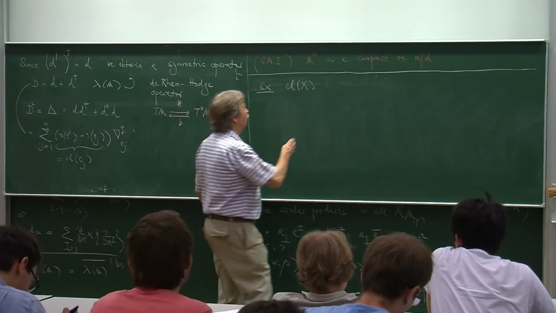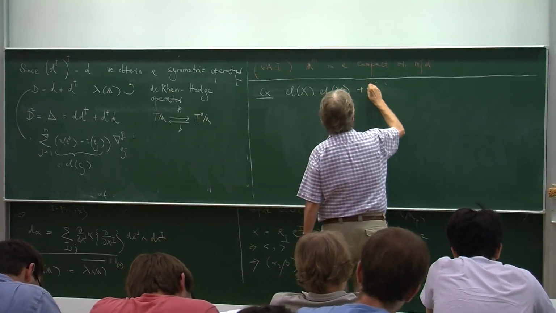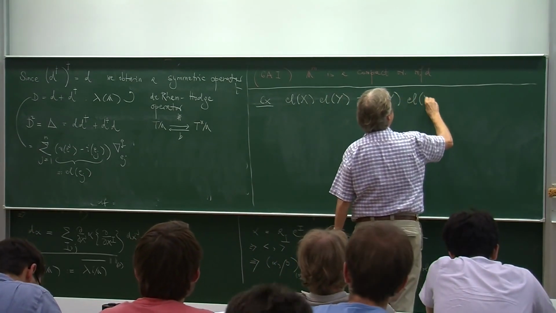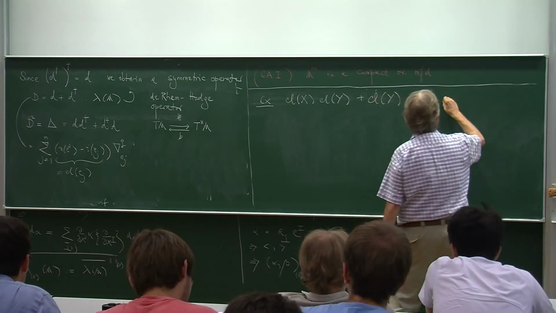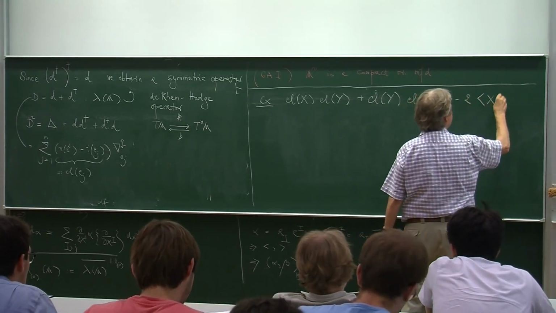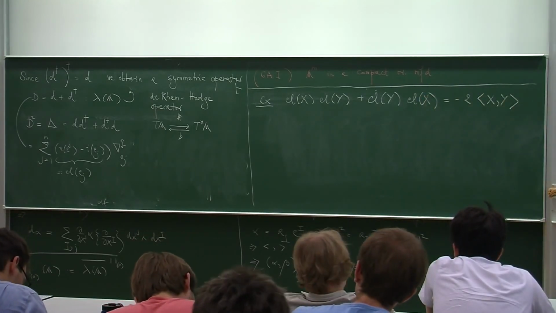Okay, so then we know what this is, and then we multiply, and then we take the other combination, and then we get, surprisingly enough, minus 2 times the scalar product of the two.